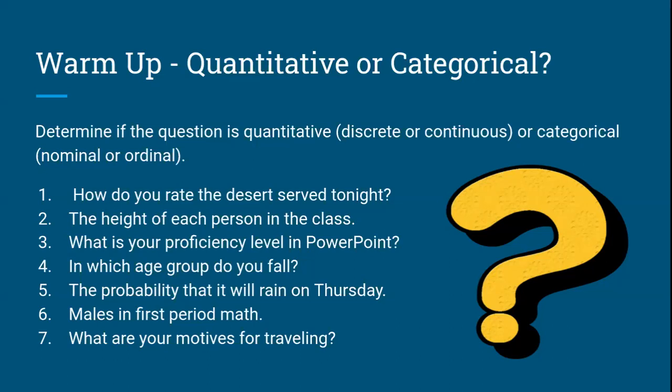There is a range. Wouldn't it be ordinal? Yes, because you can be excellent or you can be okay. You can need a little work, or you could be poor. So again, there is a scale attached to your proficiency level.